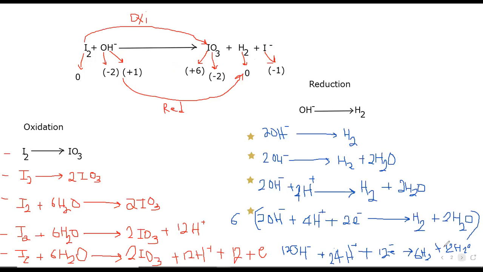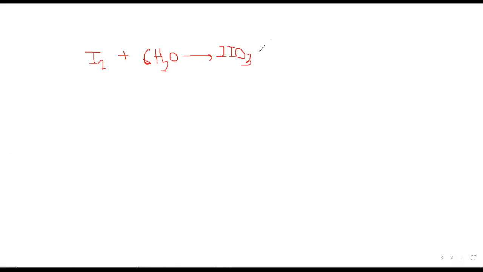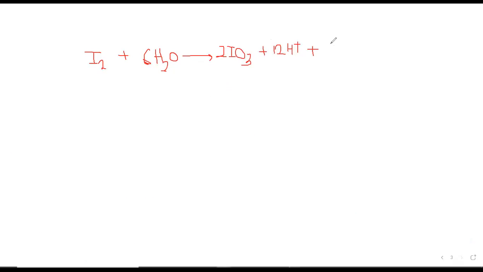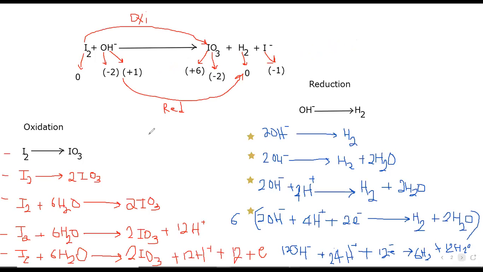Then we have 12 molecules of hydrogen. Plus, what else do we got? 12 electrons. And there we go. Then we come back to our blue pen, where we have 12 molecules of OH.